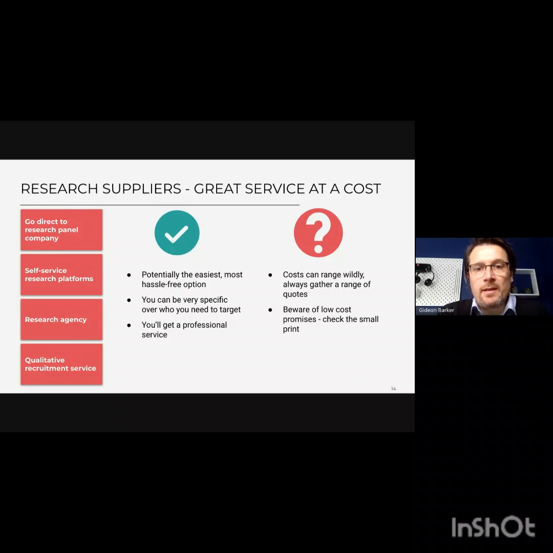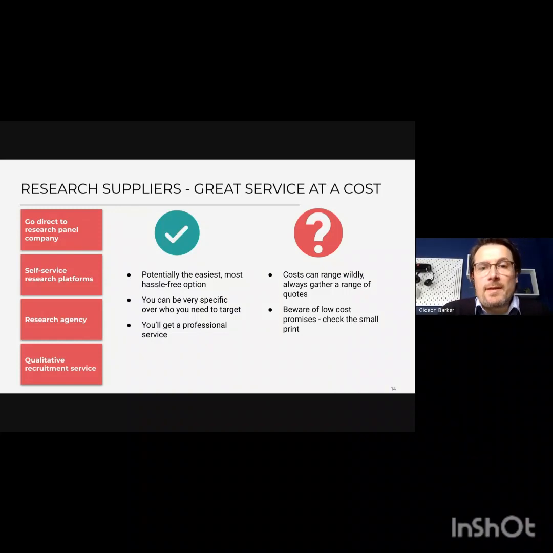If you start Googling for market research surveys, you'll find that a lot of the paid results are often these self-service platforms, and they're good in terms of they're easy to use. You can do everything yourself, but I'll come on to the cost of that potentially in a moment.